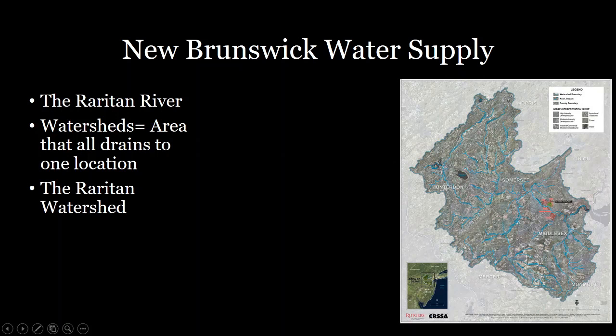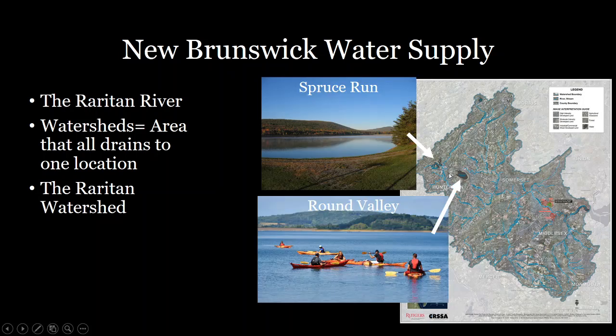And it goes all the way up from Monmouth up to Morris County, and it contains these two reservoirs here, Spruce Run Reservoir as well as Round Valley here. That's me kayaking on it there. And so they act as our water stores in case there's a drought. We can fill up and use the water in those reservoirs to supply water to Middlesex and Somerset County.